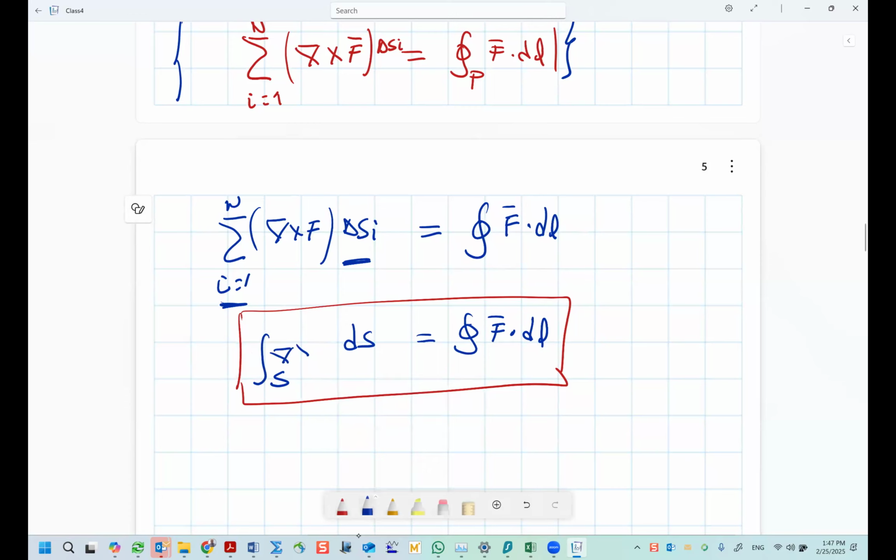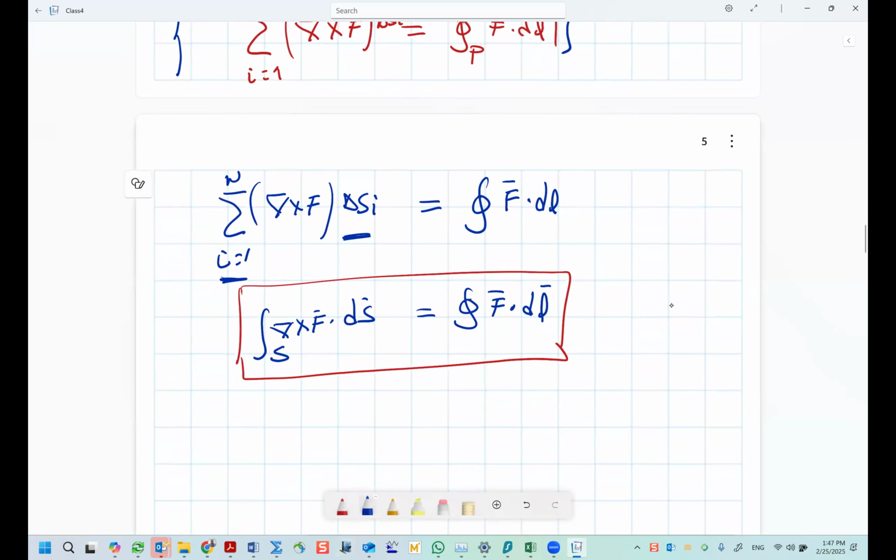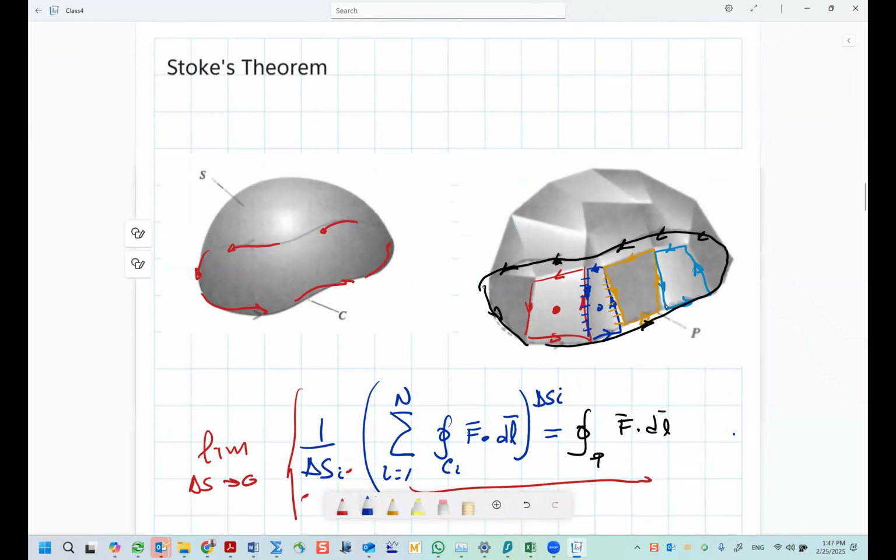The surface integral of a curl of a function, ds, will be the closed integral around the surface. And physically, what it really means is this: all these little surfaces, all these little surface integrals that you will go here, all the internal paths cancel.